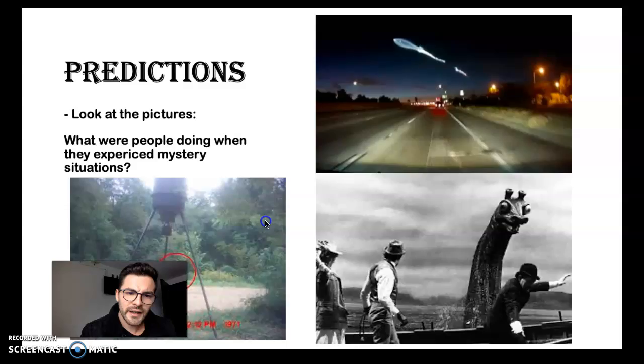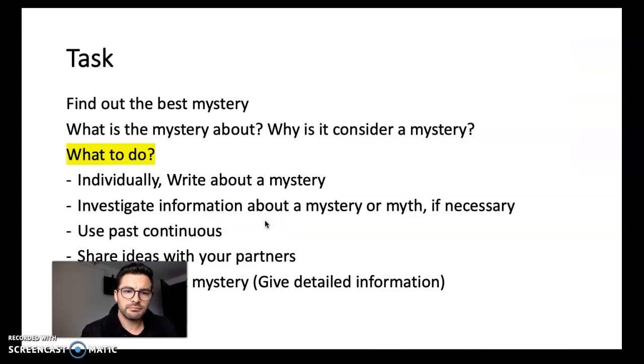All right, finally, let's go with the task, and we're going to find out the best mystery. So you are going to investigate a Colombian mystery, or your best mystery, the one that you really like, and you are going to write information about it and try to use past continuous, which is the grammar from the class.